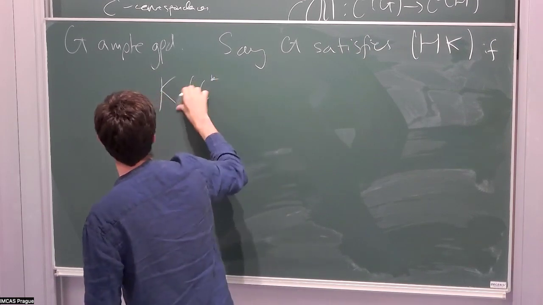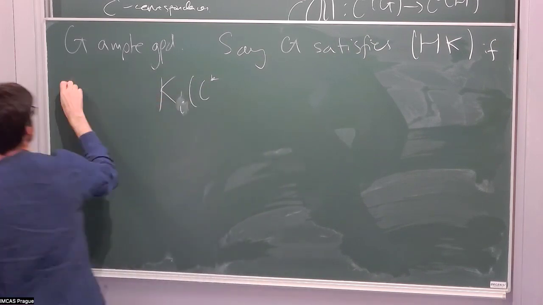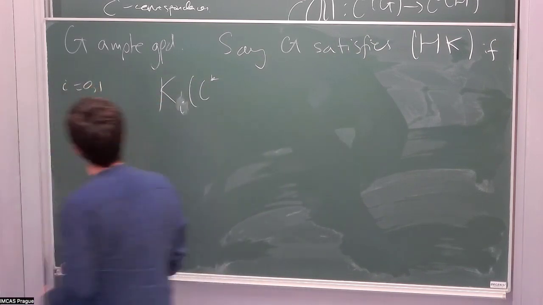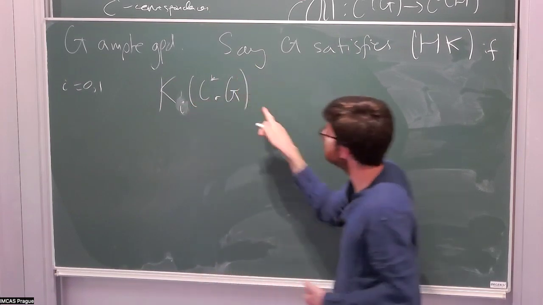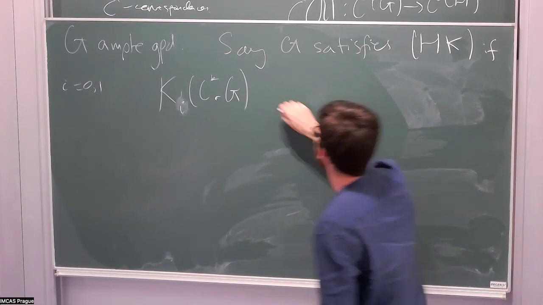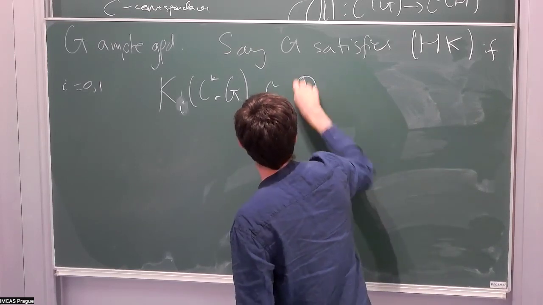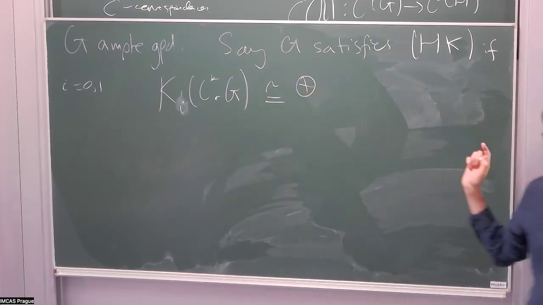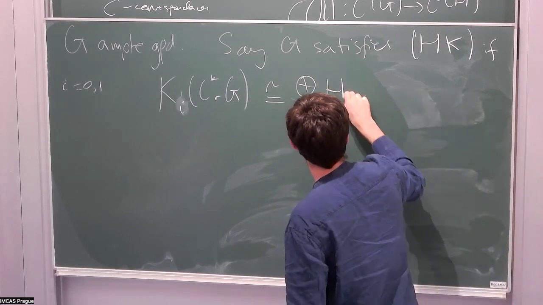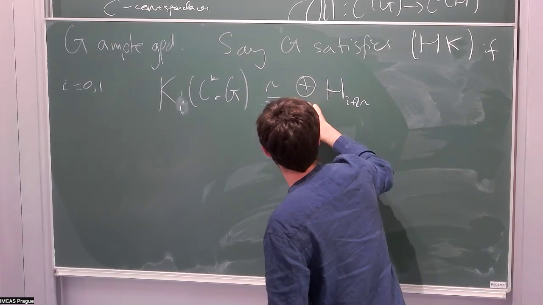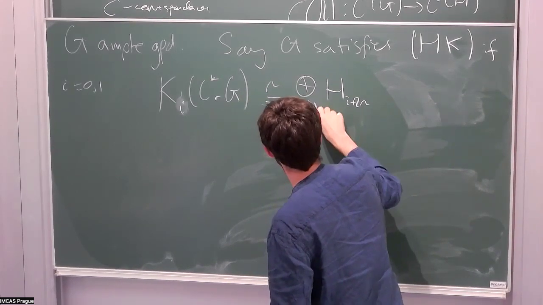No, I'll put an i here. This i is equal to 0 or 1. So the reduced C-star algebra of G, take the K theory, then this is going to be isomorphic to the sum of all of the homology groups with the same parity of the groupoid. And there's a natural number, which includes 0.